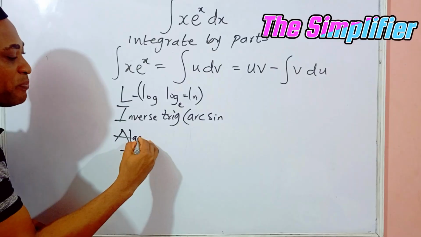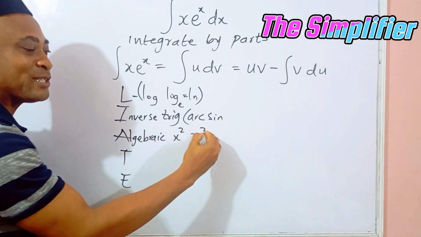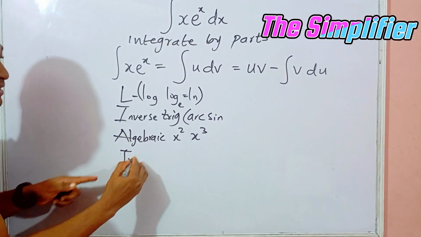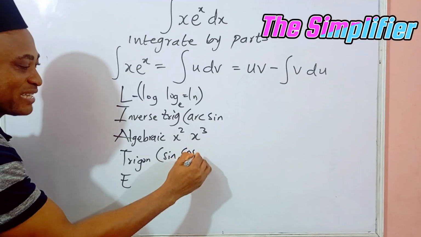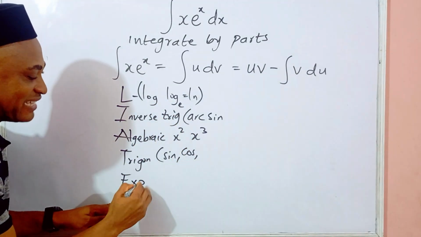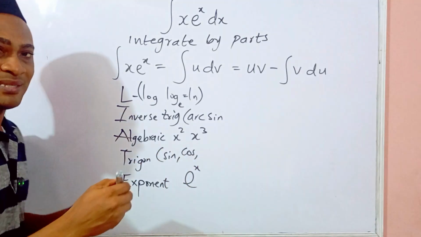The A is my algebraic expression, something like your x squared, your x cubed, and the rest of them. Are you with me? Now your T, this is the real trigonometric function now: your sine, your cosine, your tangent. While my E is your exponent, let's say e to the power of x.